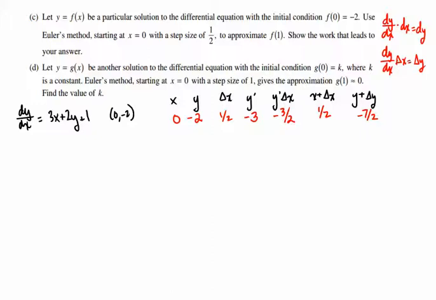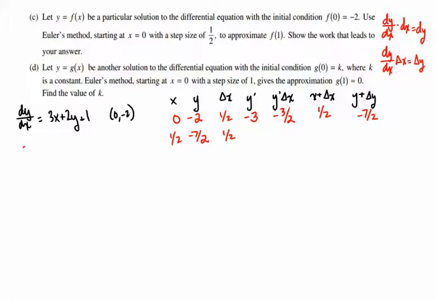We're ready to begin the second iteration of this process. So the delta x remains constant. Now y prime, which is 3 times x, which is 3/2, plus 2 times y, which is 2 times negative 7/2, is negative 7. So we have 3/2 minus 7, and 7 would be 14/2.